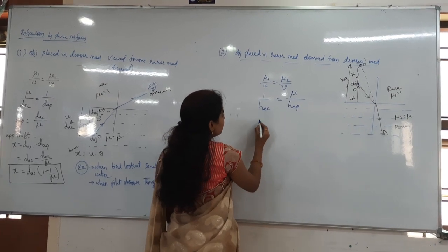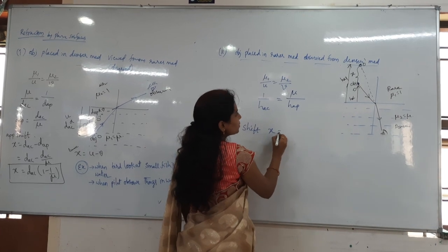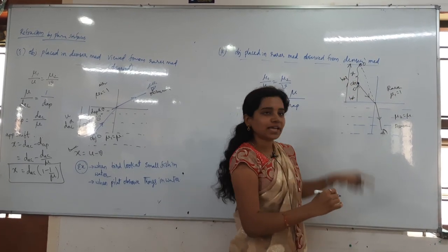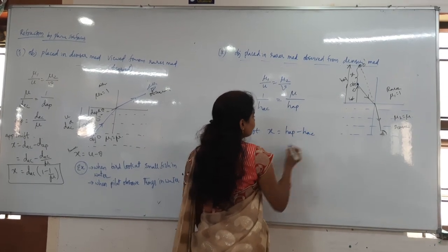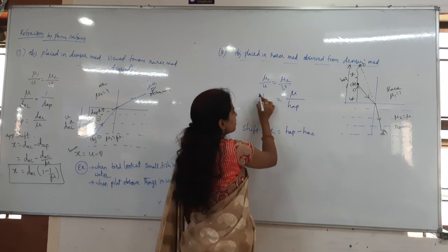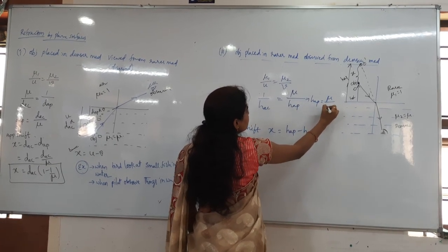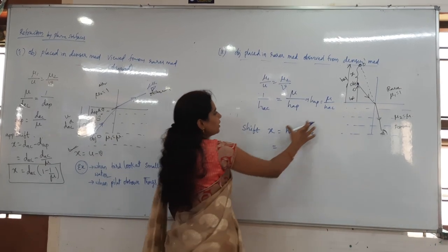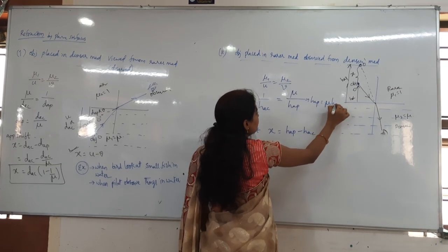Now here I want to find out the shift. Shift, nothing but x, is equal to what I can write? X is equal to H apparent minus H actual. So that H apparent minus H actual. So apparent value is how much here? H apparent is equal to mu into H actual.